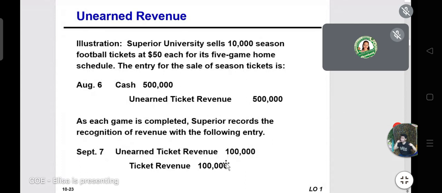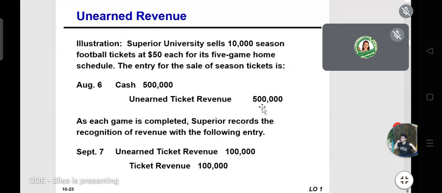Like in the example I shared, he sold 1 season of 5 games, fully sold out at the start of the season. So debit cash, credit unearned ticket revenue.